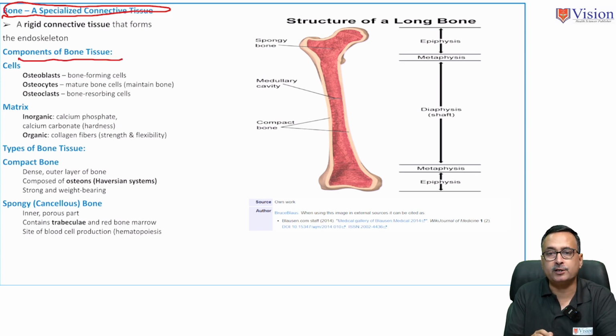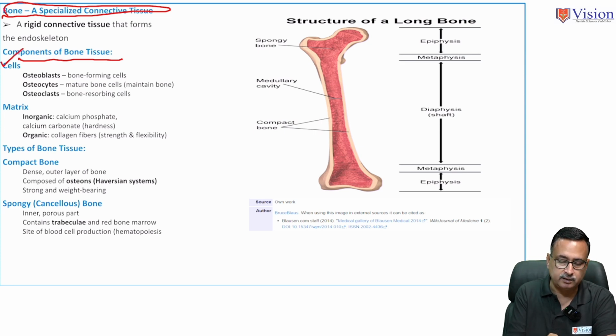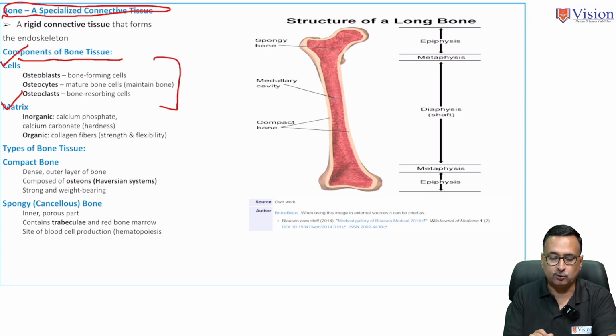So what are the components of bone? Bone has three components. First category, cells. Second category, matrix. And the third category, fibers. Bone has three categories of cells. One is osteoblasts, which produce organic matrix.